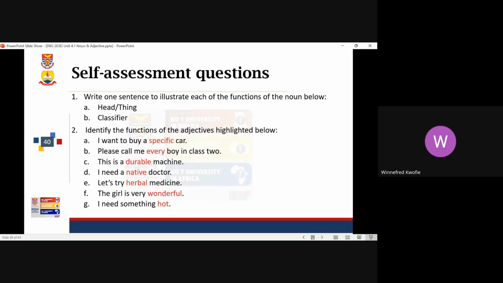So these are some self-assessment questions for you. I will pause here and take your questions if you have any, before we look at the next lesson. I'm trying to bring up the next slide.